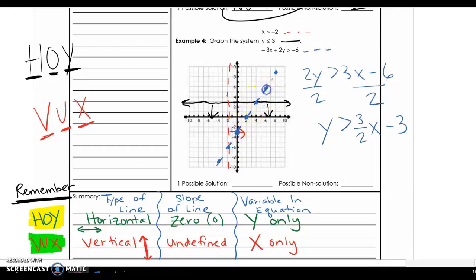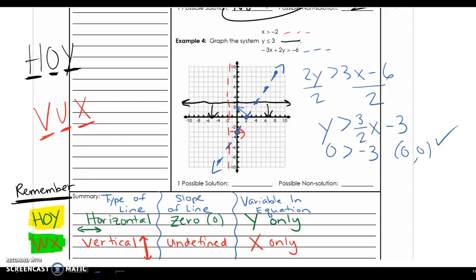Again, a dashed line indicates that the points on the line are not solutions. 0, 0 is above this line, so when we use 0, 0 as a test point, 0 is not greater than -3. Oh wait, yes, 0 is greater than -3. 0, 0 is a solution, so we would shade this direction of the blue line.